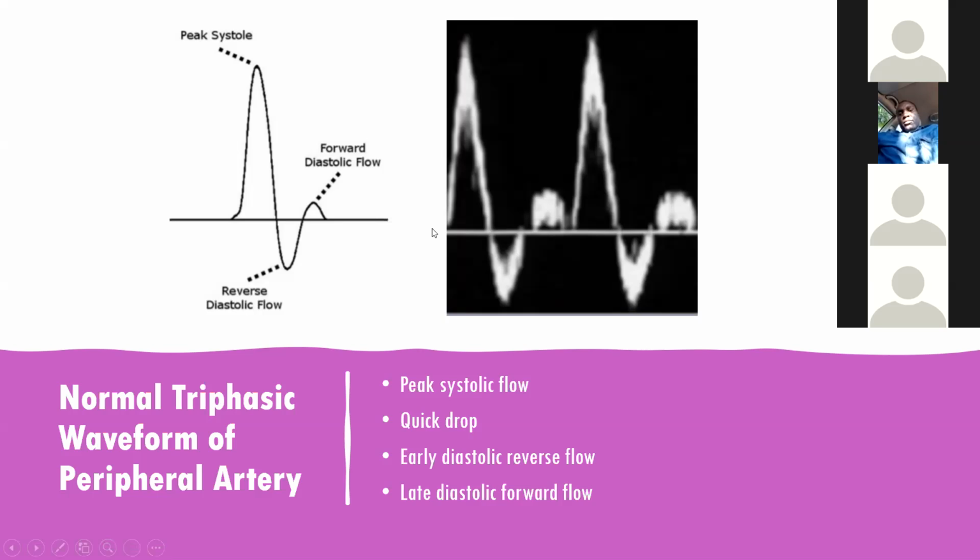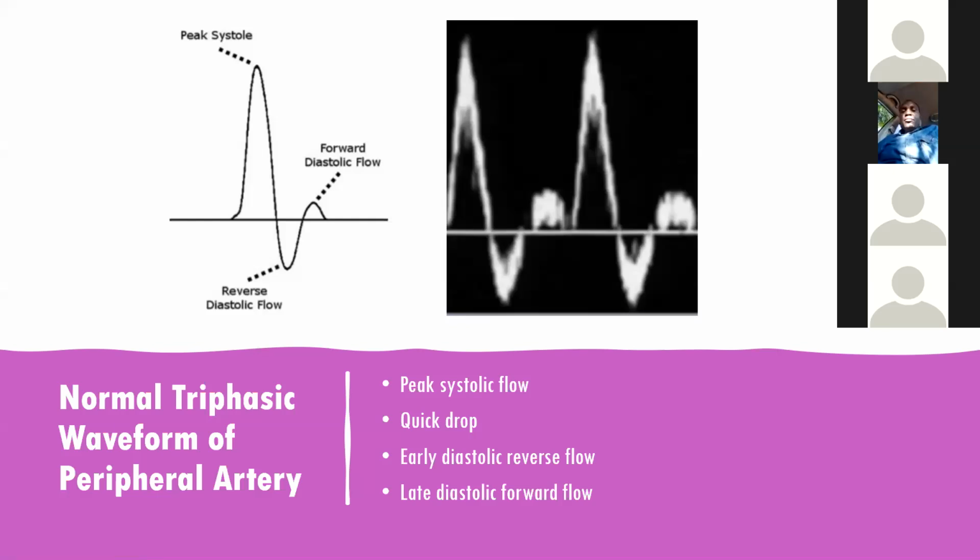But first of all, you should keep in mind that normally you will get triphasic flow. If blood flow reduces due to stenosis, after the stenotic part of the blood vessel you will get blood flow that is not triphasic but biphasic. Then if the blood flow decreases further or the stenosis is more severe, you will get monophasic.